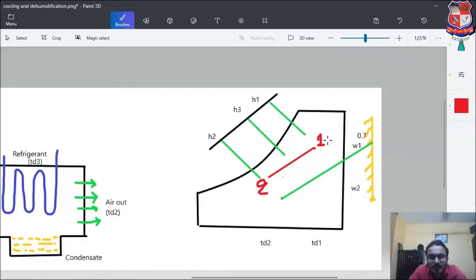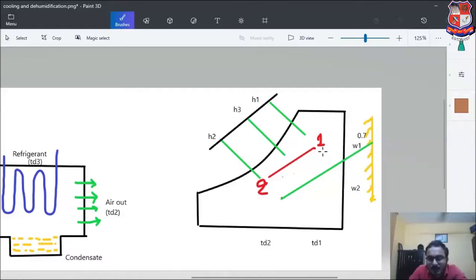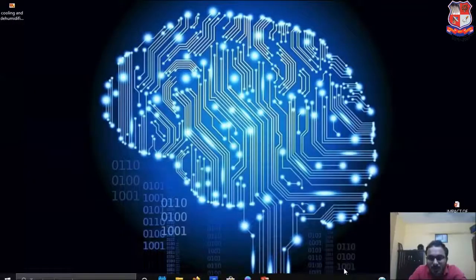To reiterate, let us say you are given two things: the initial condition of your moist air and the sensible heat factor, which in this case is 0.7. What you will do first is, through this bar and a reference point, draw this green line which will indicate the sensible heat factor of 0.7, and you will point out the initial condition of your moist air. Parallel to this green line you can draw this red line, which will give you the entire cooling and dehumidification process. Okay, so that was the only thing.